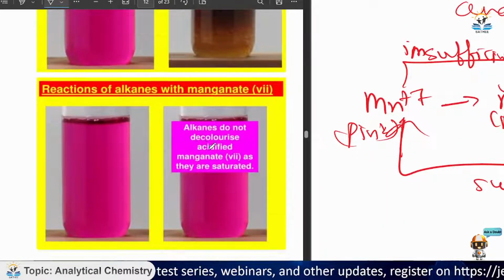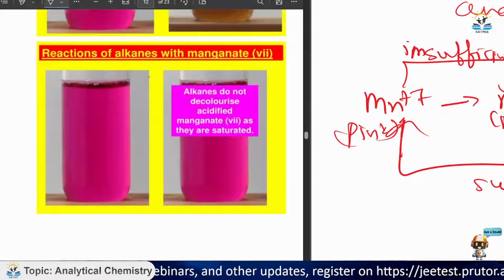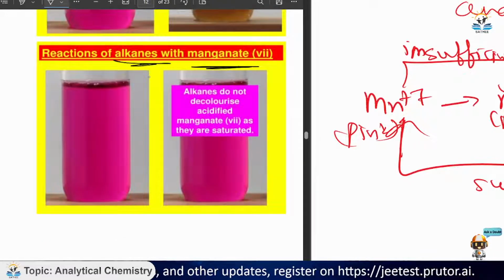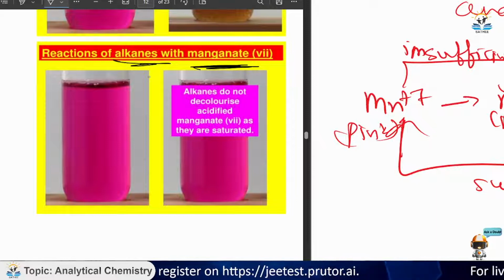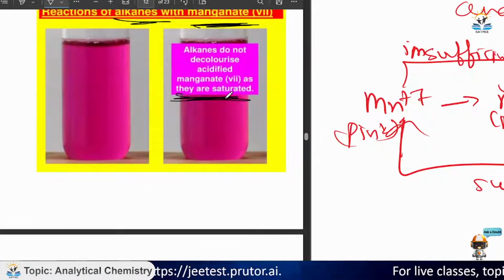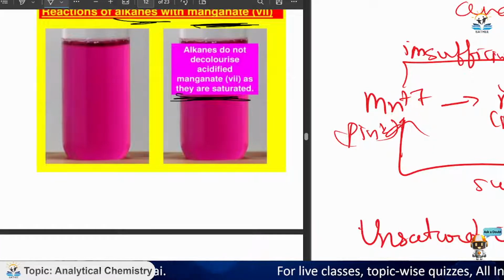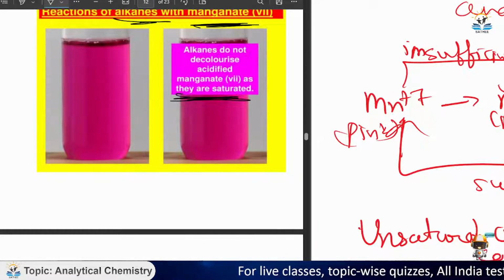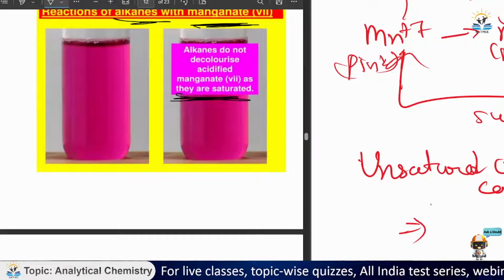Now, if a reaction of alkanes with manganate occurs, that is manganese 7 only, then there will be no decolorization, because they are saturated.